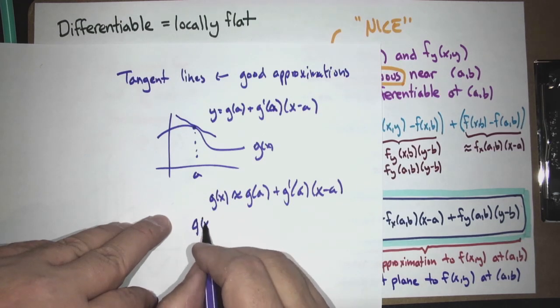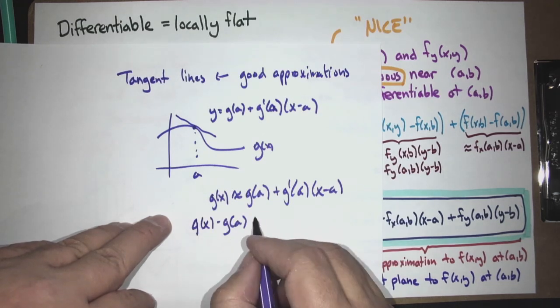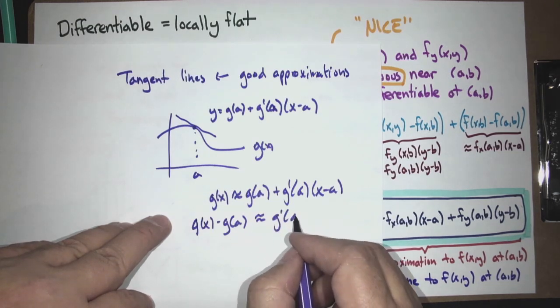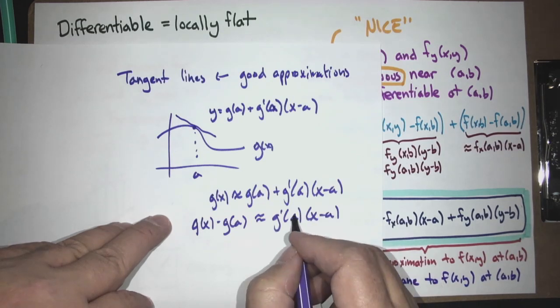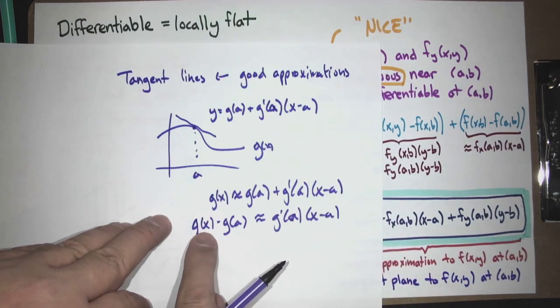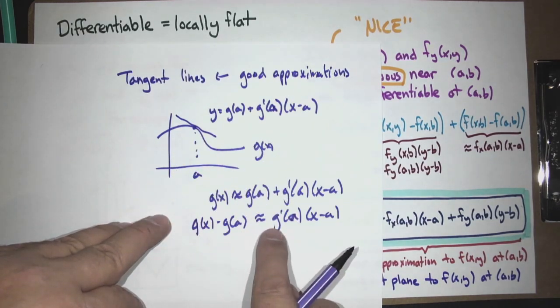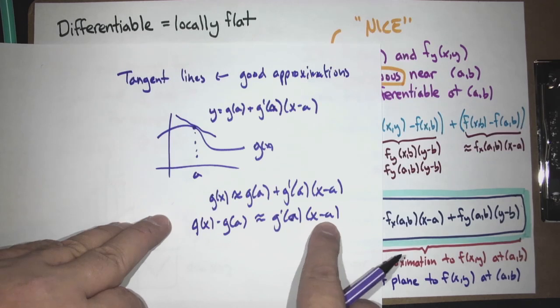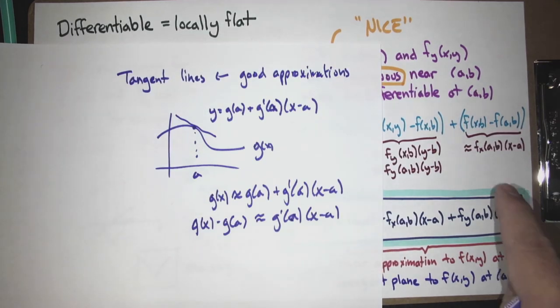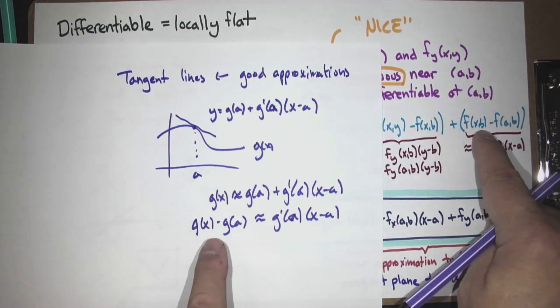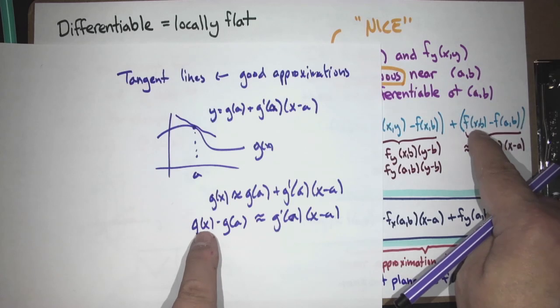Or g of x minus g of a is approximately g prime of a times x minus a. So the change of the function nearby versus the function at a is about g prime of a times the change in x. What's happening here is this f of x comma b is acting as your g of x.